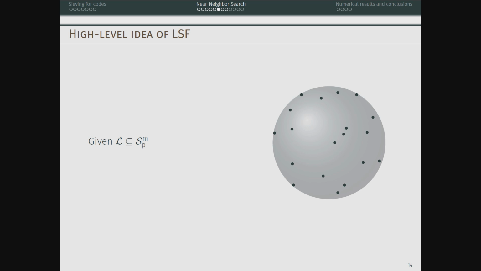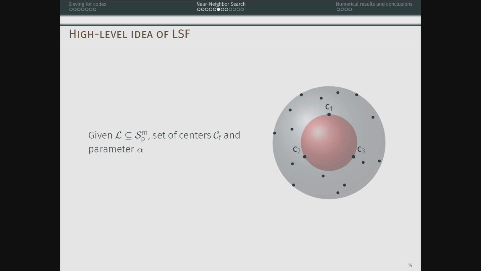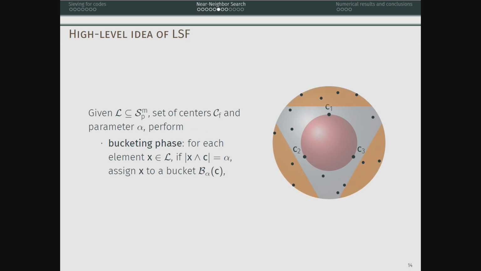So we start from the sphere of radius p with a certain number of points sampled uniformly at random. Then we also take certain centers, in this case the set of centers C1, C2, C3 on some smaller sphere, as well as a parameter alpha, which enables us to perform the bucketing phase, in which we split the space into regions that correspond to vectors that are close to each other.